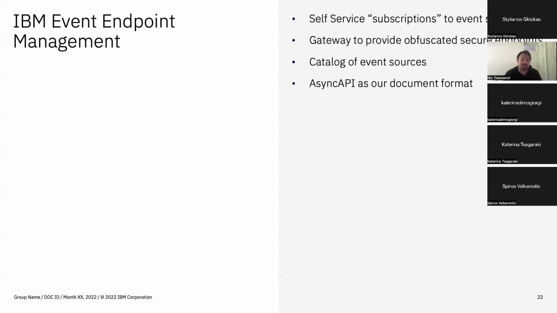So we have a product called IBM Event Endpoint Management. It provides the ability for you to have self-service subscriptions to event streams. So you can sign up an account and browse through the catalog. And if you find an event stream you're interested in, you can subscribe to it using a generated set of credentials. The idea being that every set of credentials is protected using a gateway.